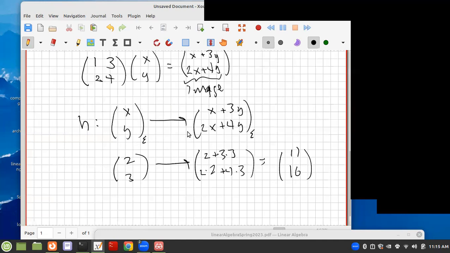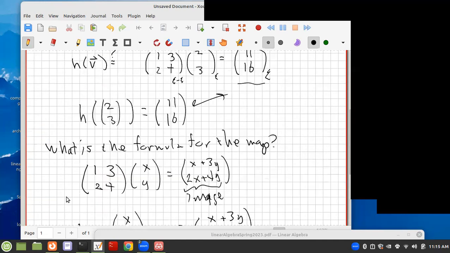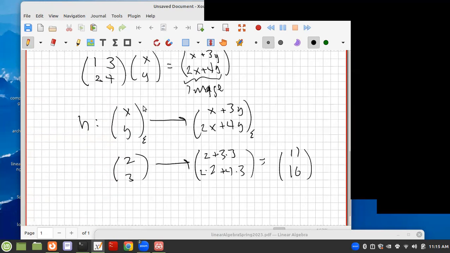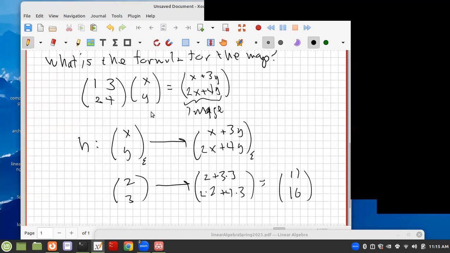In some sense, you've defined matrix multiplication to be congruent with this kind of map action. The way matrix multiplication has been defined, it obeys linearity.